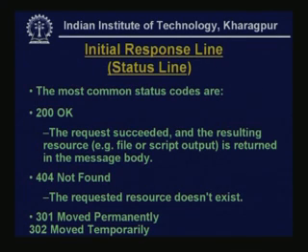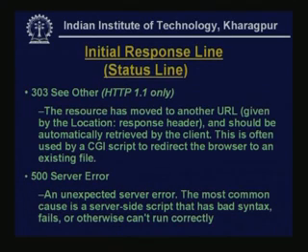The most common status codes are of course 200 OK and 404 Not Found. OK means this request succeeded and the resulting resource is returned in the message body. 404 Not Found, 301 means it has moved permanently, 302 means it has moved temporarily and so on. 303 means the resource has moved to another URL given by the Location response header and should be automatically retrieved by the client.